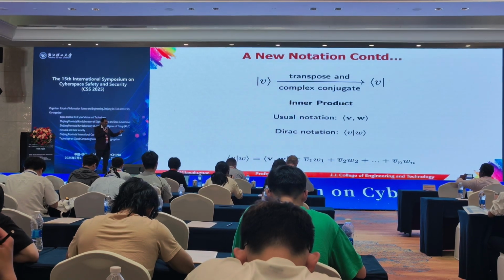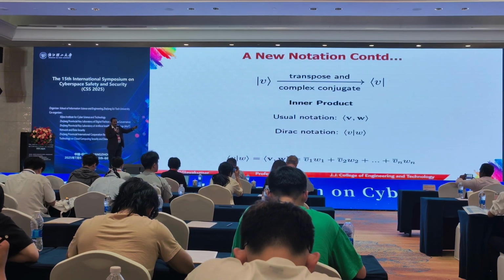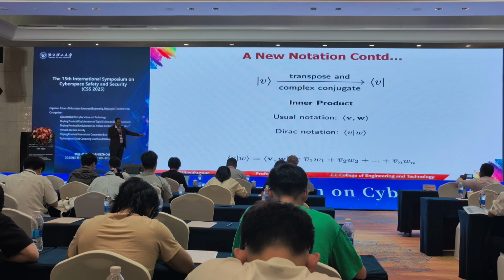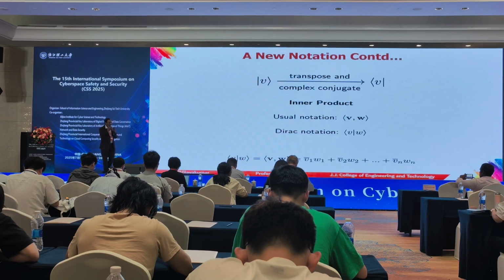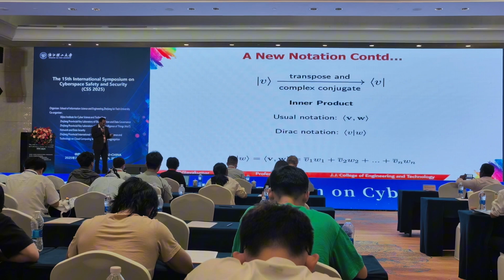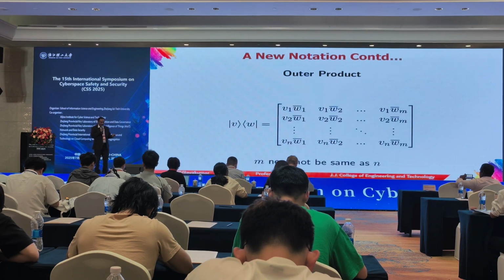In Dirac notation, bra V into ket W, which is denoted here. Bra V into ket W is equal to B1 conjugate into W1 plus B2 conjugate into W2 and so on, Bn conjugate into Wn. So this is the direct notation. And if we have the indirect notation, it is here.